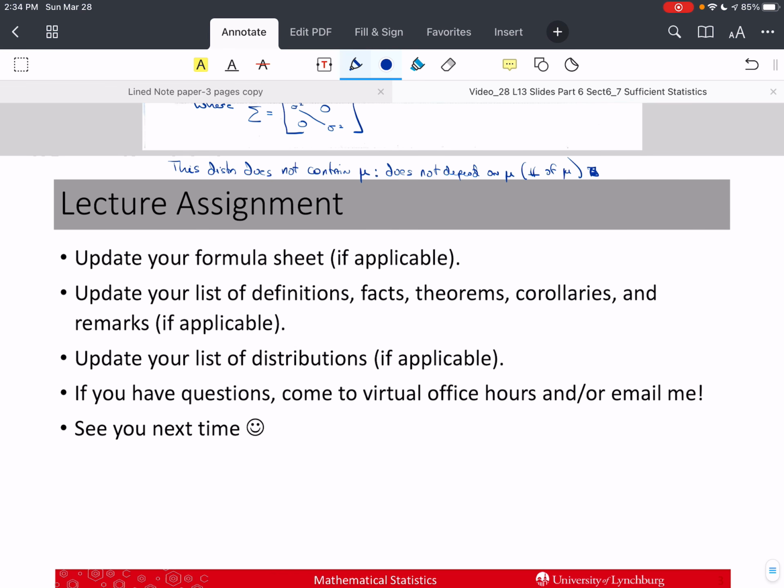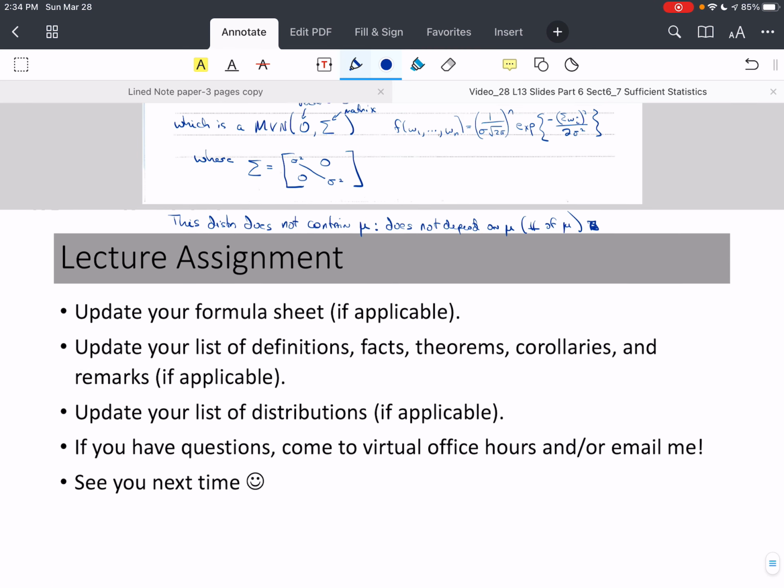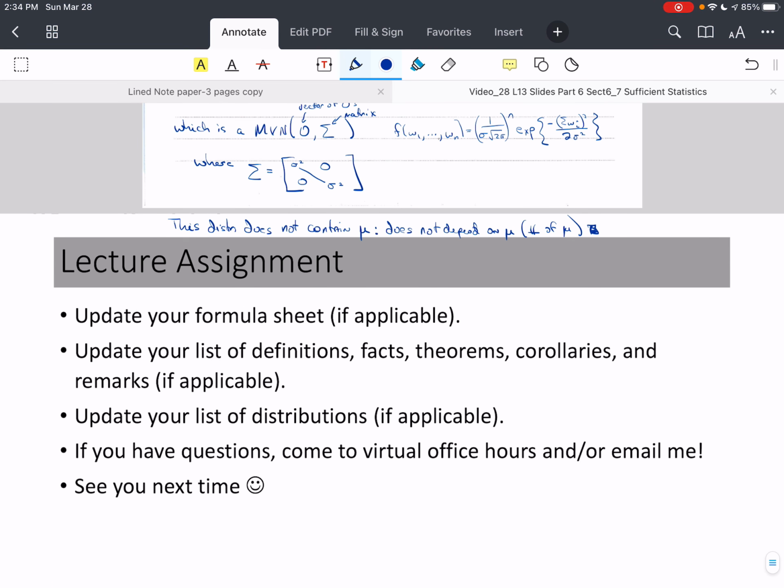I hope that this proof of example 5 showed that z, which was equal to n minus 1 times s squared, has a distribution that does not include mu. So therefore it's independent of that, and therefore it meets our Rao-Blackwell theorem.